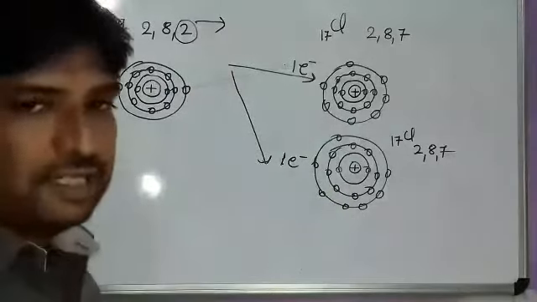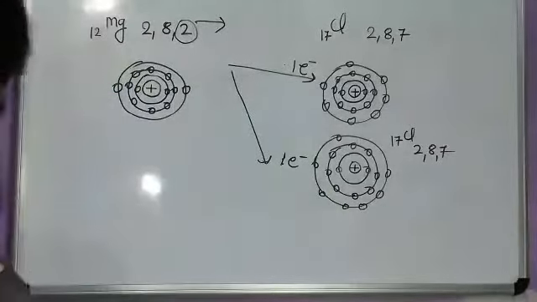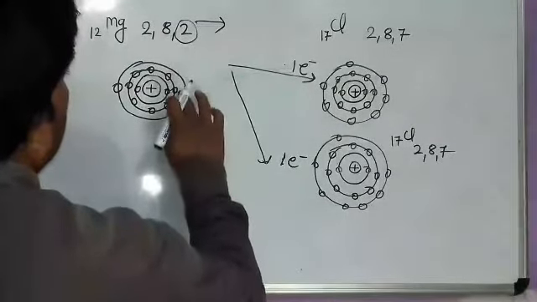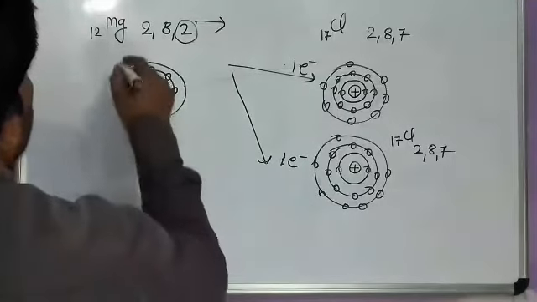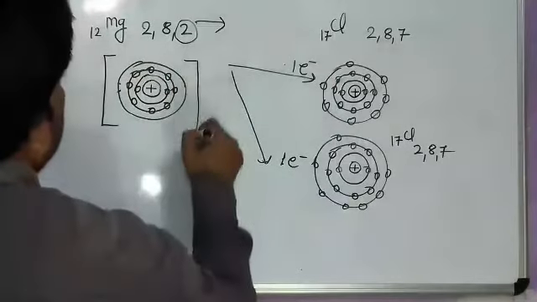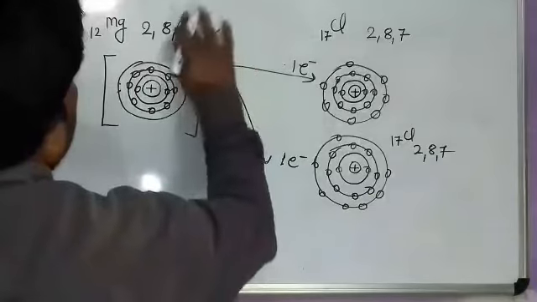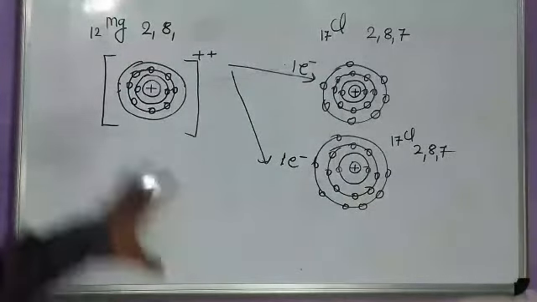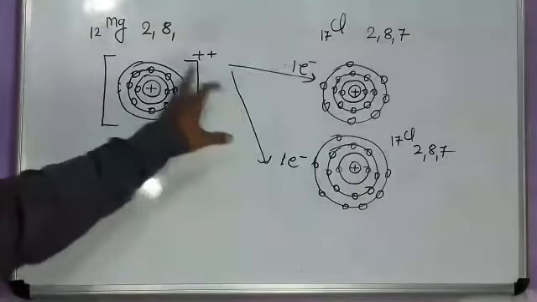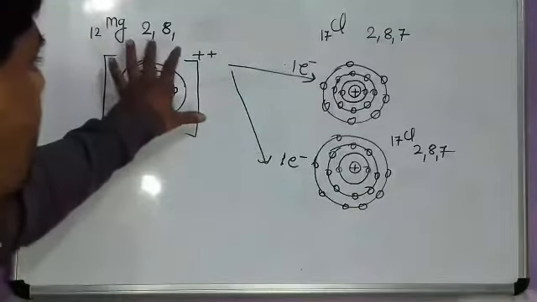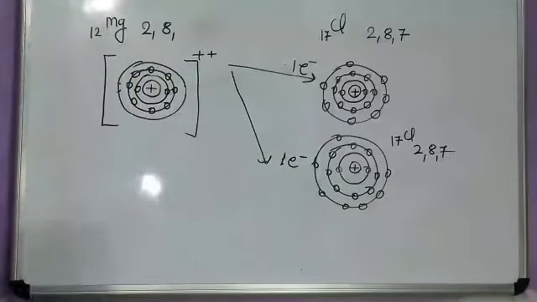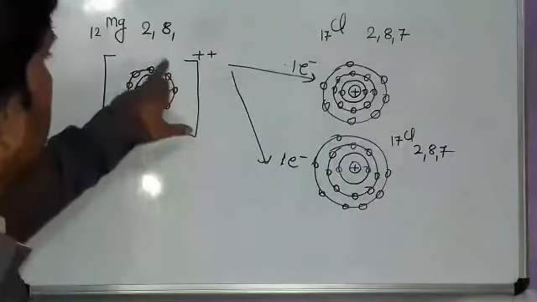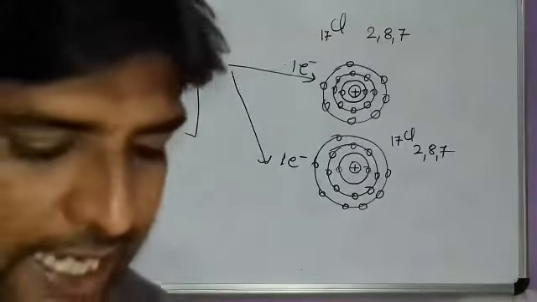After donating 2 electrons, it gets 2 positive charge, and at that time the electronic configuration is 2, 8. Is it clear? 2, 8.